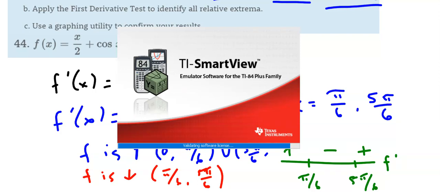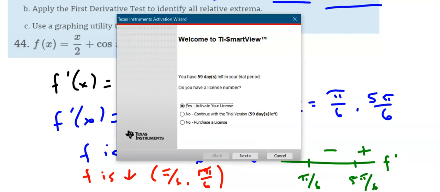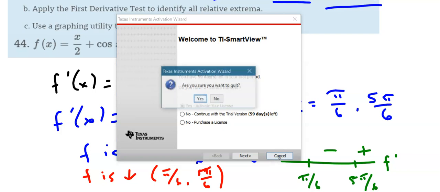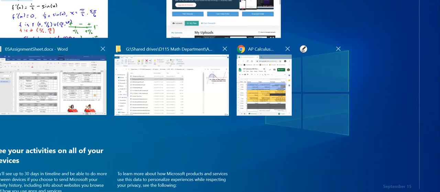It's validating the software license. I'm not using it illegally for those of you that think I am. Okay, here we go. Where is it? Oh no, I can't do it because I'm not at school. Okay, well, when all else fails, let's go to Desmos.